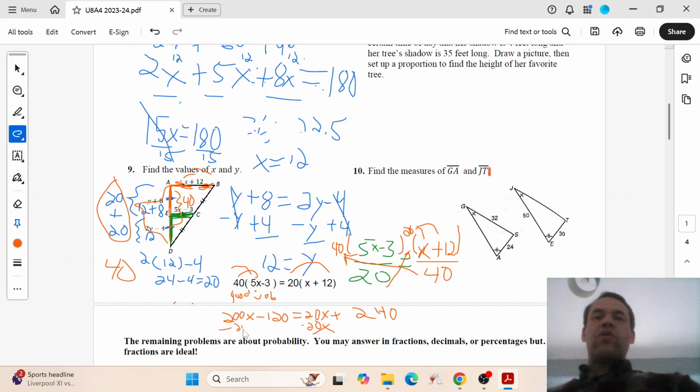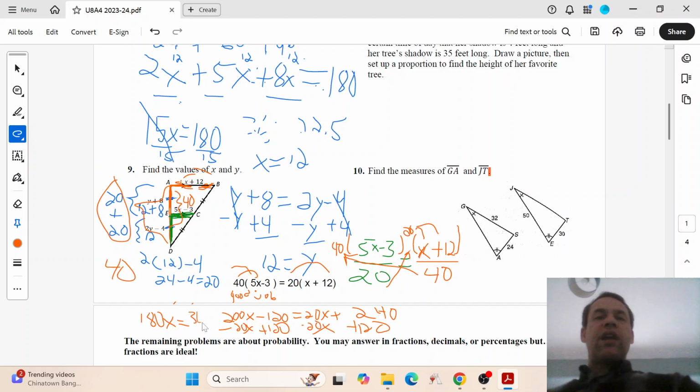Okay, so we'll minus 20x over to this side. And so 200x minus 20x is 180x. And then on the other side, we're going to add 120 over to this side. So when we do that, we get 360.